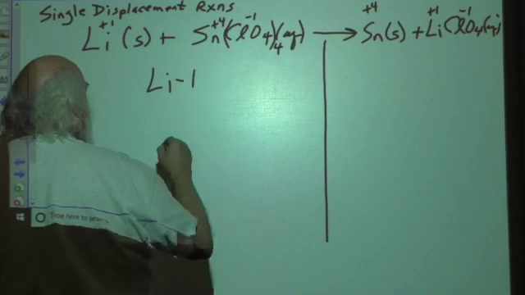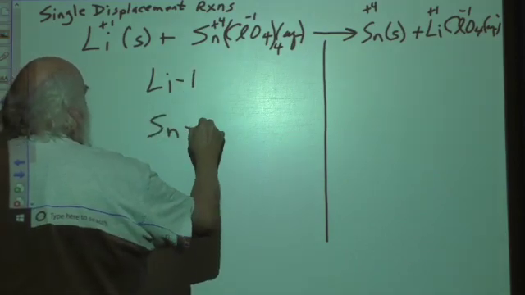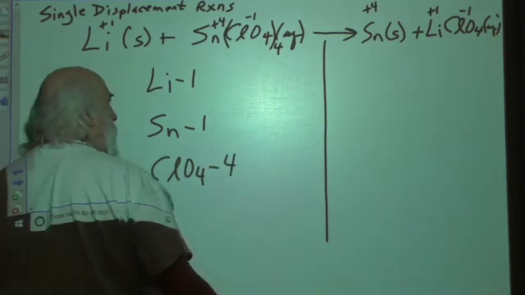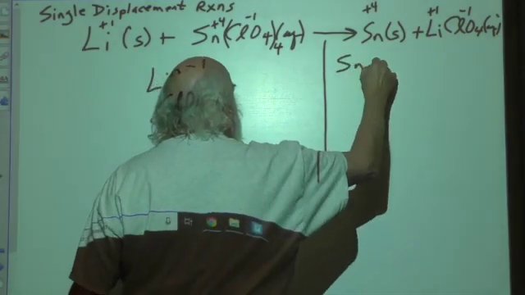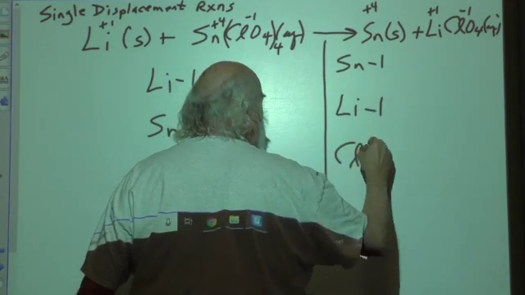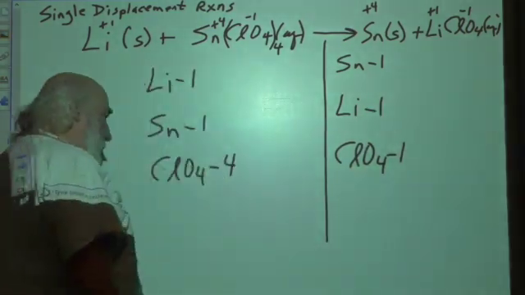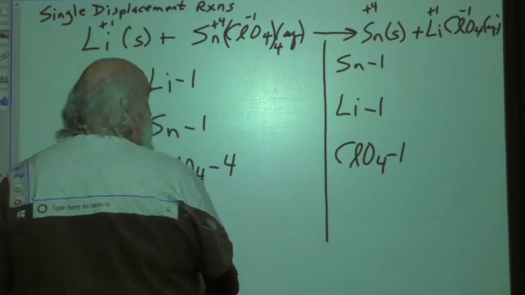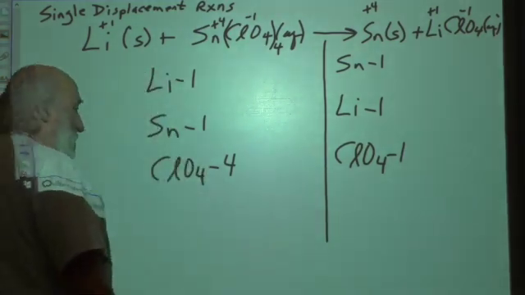Li is 1, Sn is 1, ClO4 is 4, Sn is 1, Li is 1, and ClO4 is 1. Well, obviously the ClO4 is not balanced yet. I'm going to use the red pen because it's getting a little crowded over there and you can see this clearly.